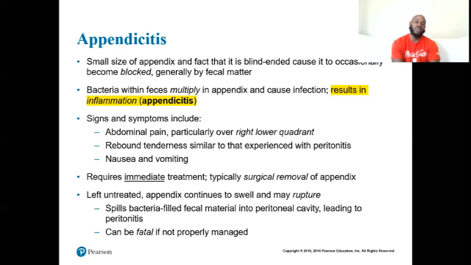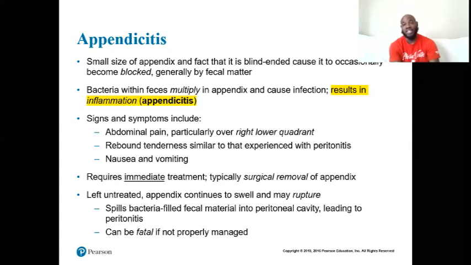which can cause problems because bacteria in our feces, which live in our large intestines and which we don't want to go back into our small intestines or stomach, can multiply in the appendix and cause infection, which will result in appendicitis. This usually shows itself by large pain, tenderness, nausea, and vomiting.